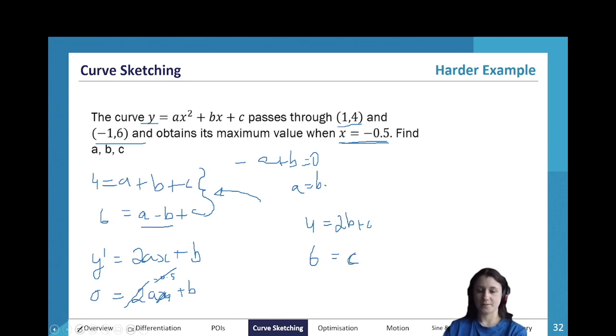Because a minus b, the same number, taking the same number, just gives us c. We can pop this back in here. So we will have 4 equals 2b plus 6. Alright, 4 minus 6 is negative 2. So b equals negative 1, giving us that a is also equal to negative 1.